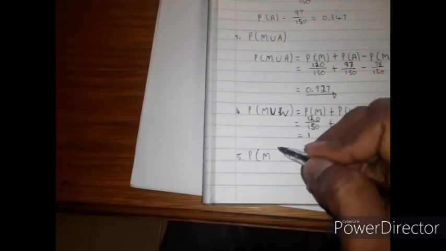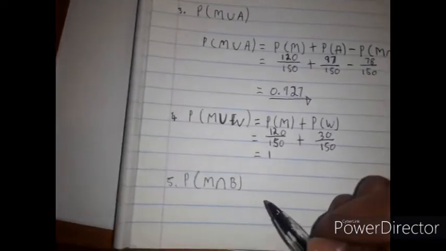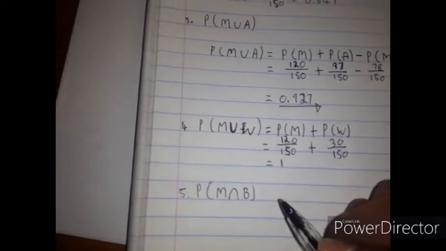Now the next question, presuppose the question says the probability of men and type B. This is a joint probability.